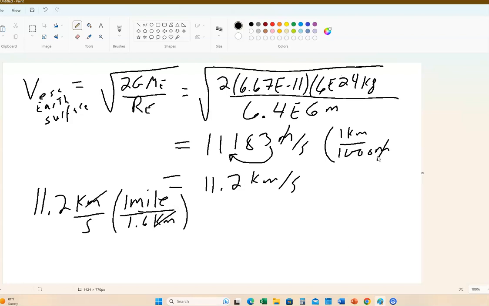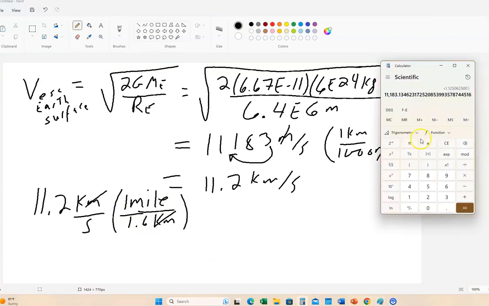Now I take this 11.2 and divide by 1.6. Let me get my calculator here and clear this. 11.2 divided by 1.6 is about 7, right?